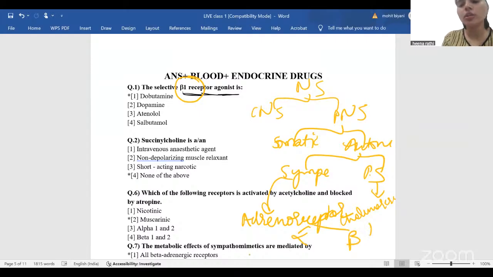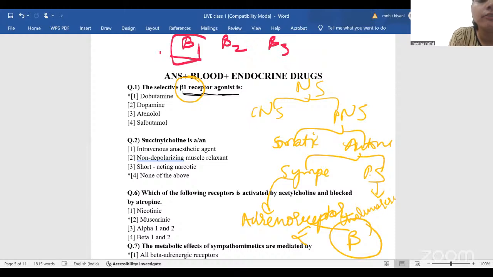We are talking about the beta receptor, which is of three types: beta 1, beta 2 and beta 3. We are talking about beta 1, the selective beta 1 agonist. Beta 1 specifically acts on the heart and the juxtaglomerular cells. So the beta 1 receptor agonist is dobutamine.